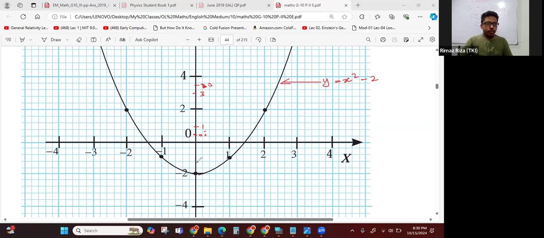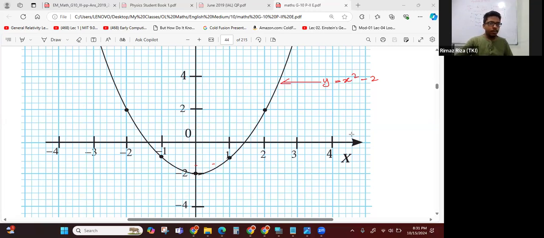But the values below the x-axis are negative. So here it is minus 2, here it could be minus 1, here it is minus 3, here this will be minus 1.5. All these values below the x-axis are negative, right? So remember, the values above the x-axis are positive and below the x-axis are negative.